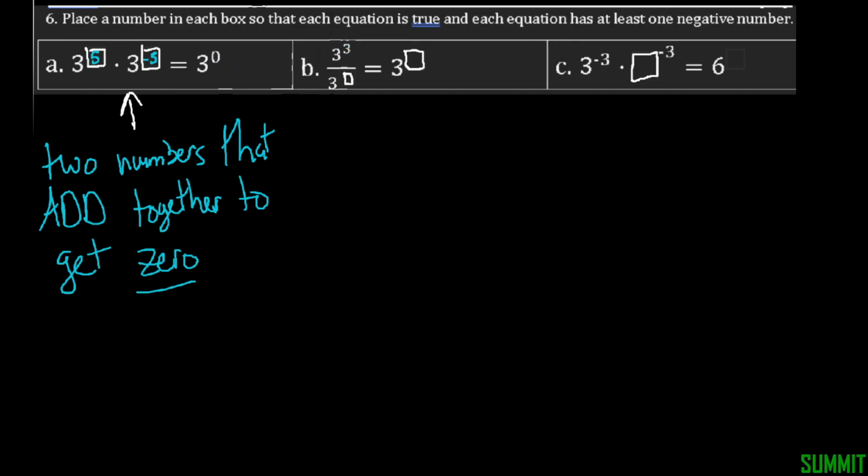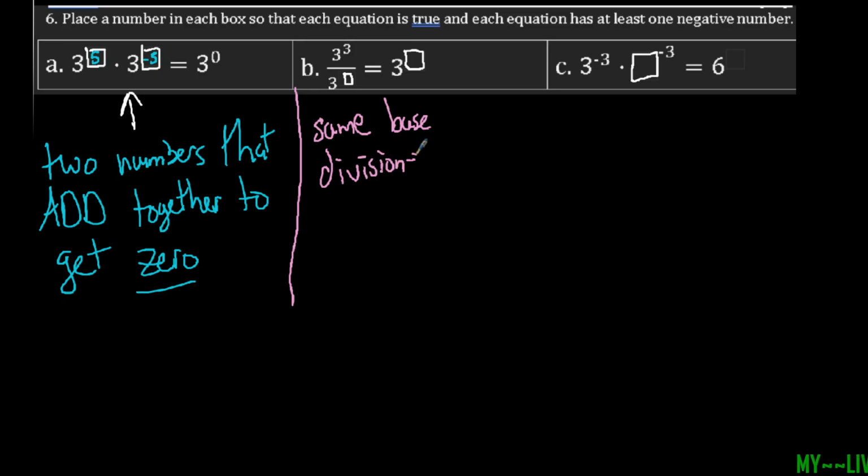Now for B, similar situation. I need a number that subtracts, because it's the same base and we're doing division. Division means subtract exponents.